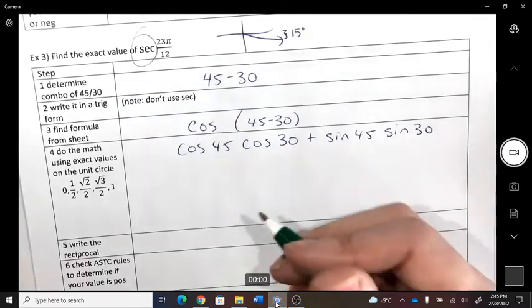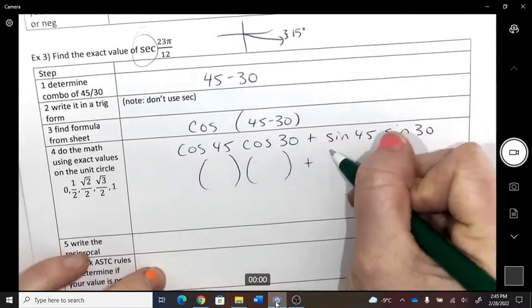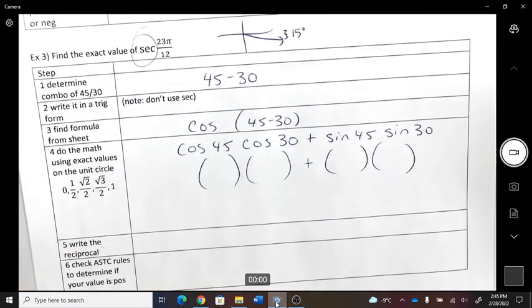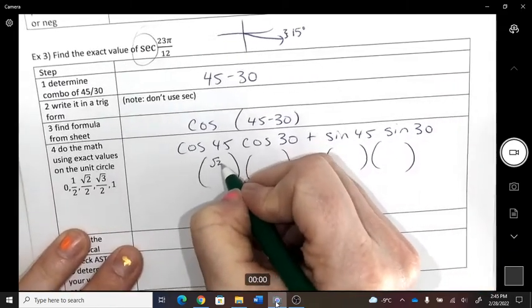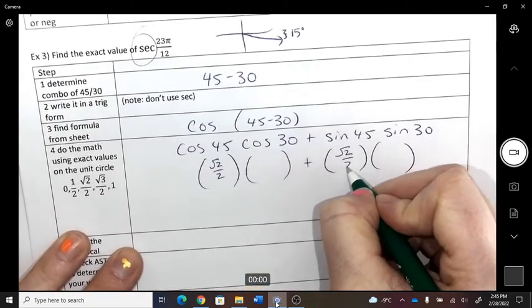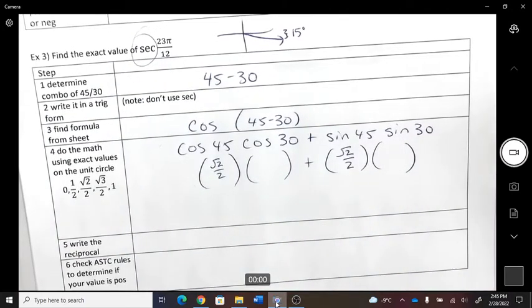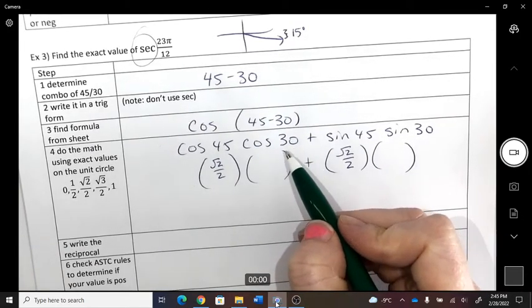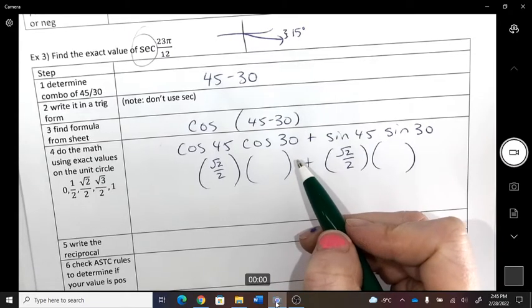All right, now I'm going to give myself 4 spots to put numbers, right? I like to cheat and I put my 45s in because 45 angles, I don't even need to think. At 45, everything's a root 2 over 2. The cos at 30, when you're looking, is the x number at 30.